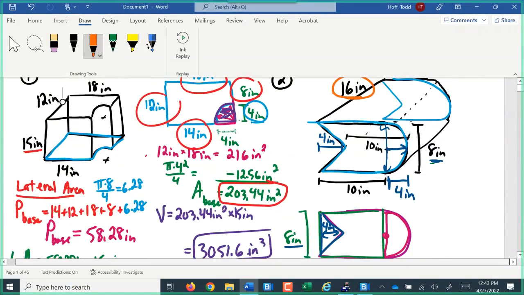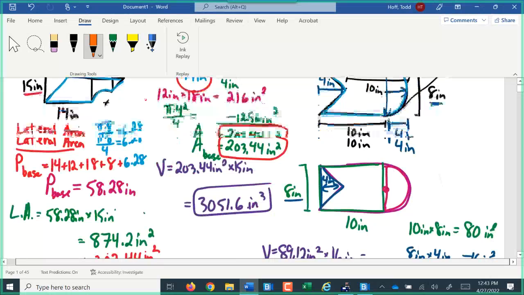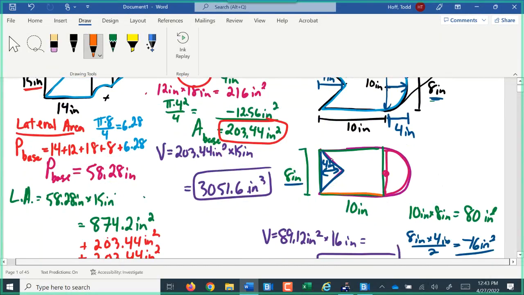The height and the perimeter of the base. So I need the perimeter of this fun shape here. Well, I have 10 and 10. I have the half circle. How am I going to find that? Circumference. Pi times diameter, so pi times 8 divided by 2, 12.56.